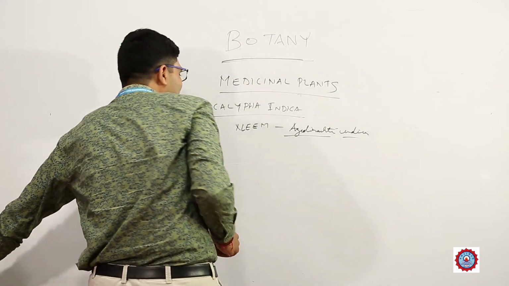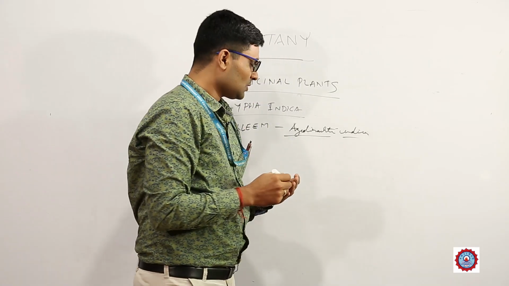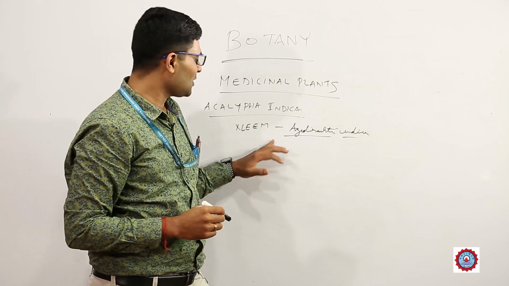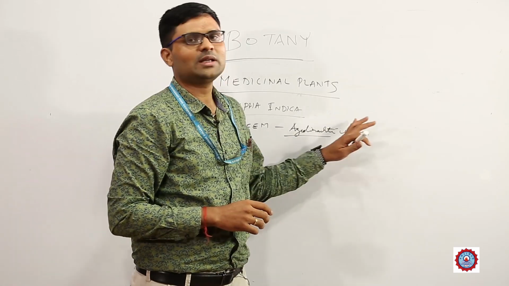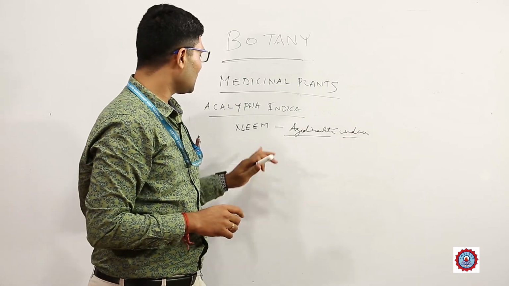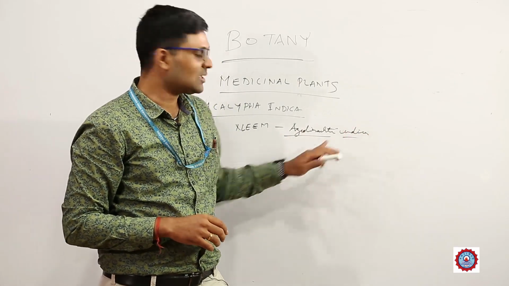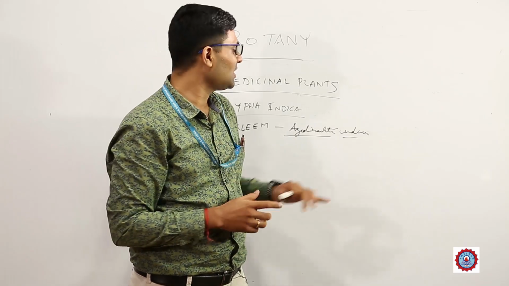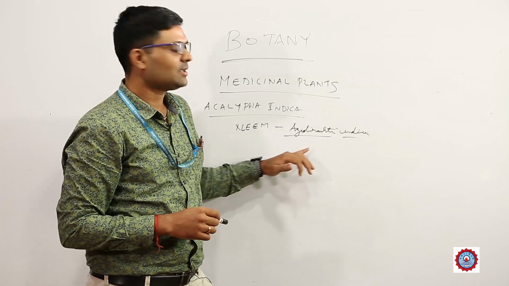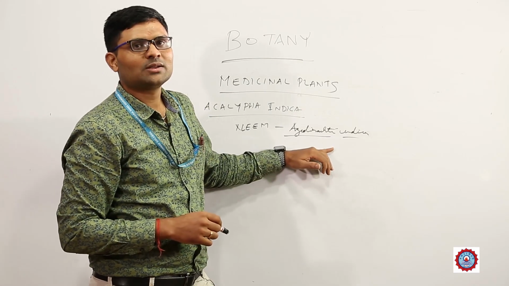So this neem has been among Indian households, right? Everybody would be using this plant. It's also related to religious purposes, and there are antiviral and antifungal properties inside this plant, right? But we fail to utilize it, right?